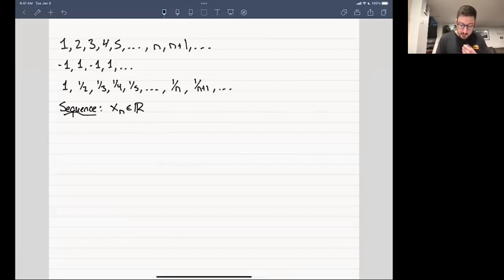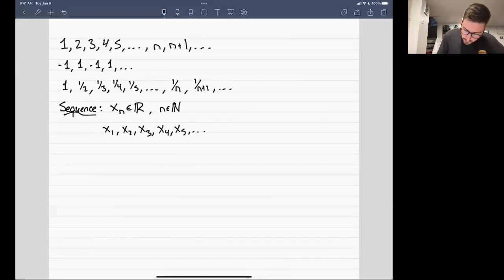What this means is the subscript tells you what number of element in the sequence you have. So n is an element of the natural numbers, and x sub n is the real number corresponding to that element in the sequence. So you could have x1, x2, x3, x4, x5, and so on and so forth.